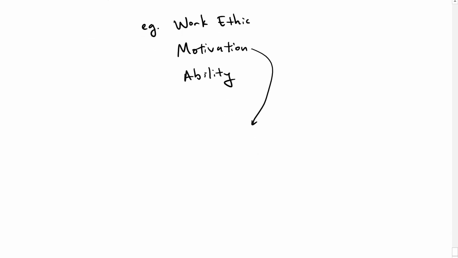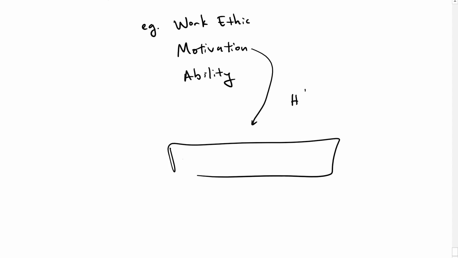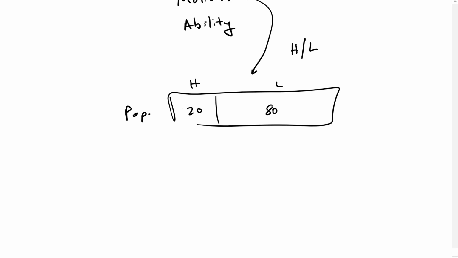It's kind of a weird thing to measure, but let's say that if we have people of high and low motivation, and let's suppose that 20% of people in the whole population are high motivation, 80% of people are relatively low. So high, low, and let's call that a population of 300 million people.